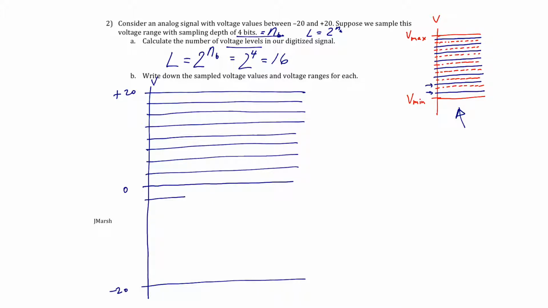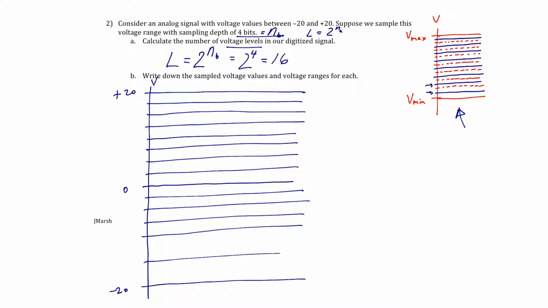I better divide in half, and half again, and half again, so I can get this thing to come out right. It's easier to bisect things over and over again.